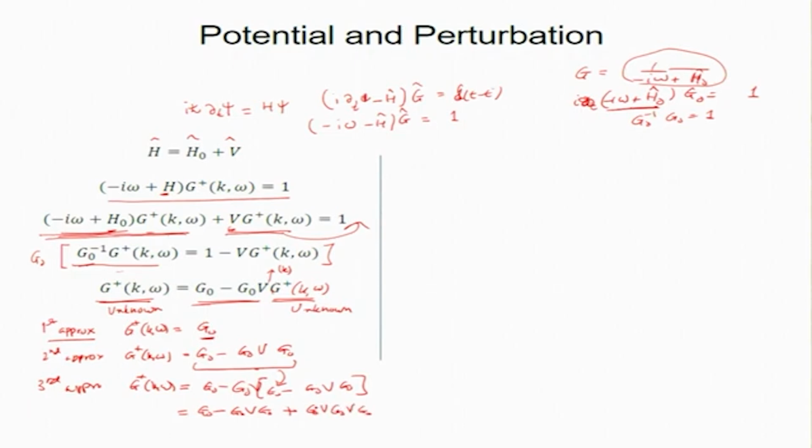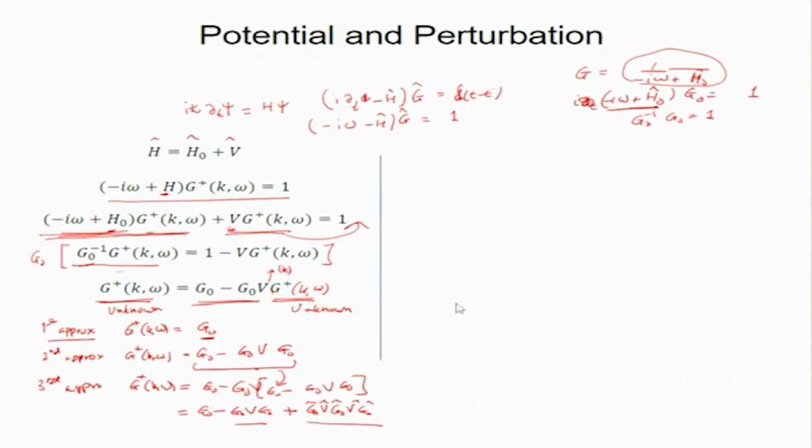Okay. These are matrices or operators. So, we have to put them in proper order and just write like that. So, we can keep going on, but you can see that you can write this perturbative series, the first approximation, first order, second order, you can go to third order and so on.